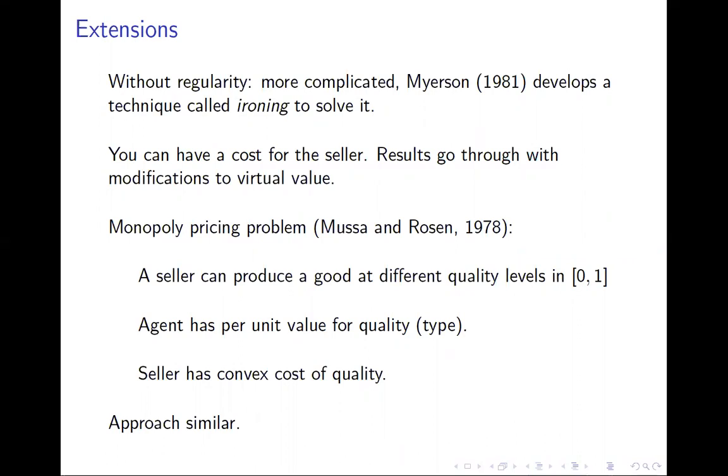Then this agent increases its type, but its virtual value decreases. As a result, in the new type profile, he's no longer allocated. That violates the non-decreasingness property, so the allocation rule need not be non-decreasing in expectation anymore.